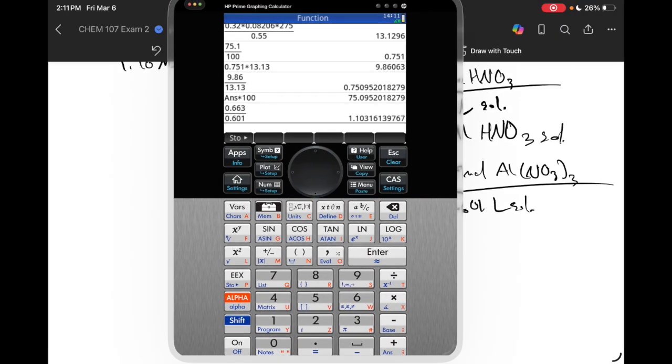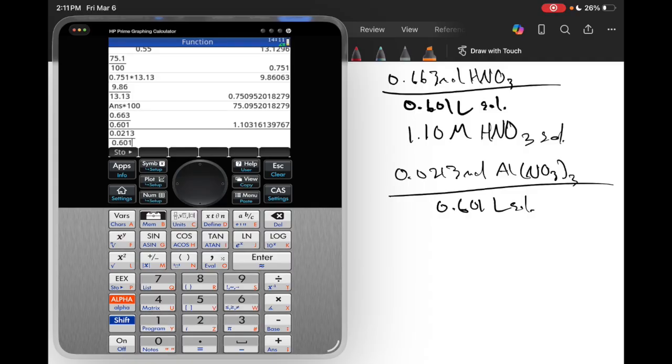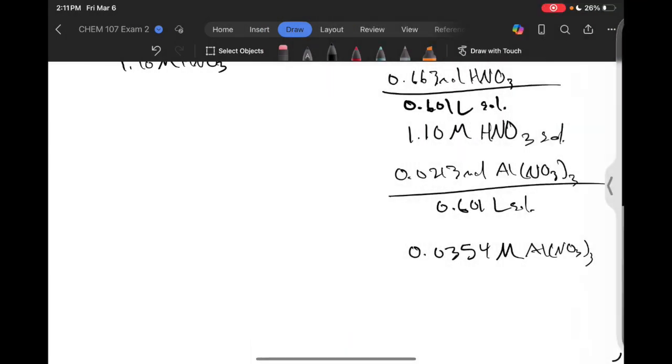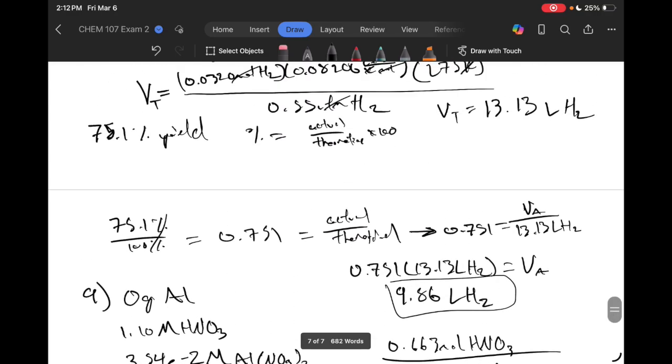So 0.0213 divided by 0.601 gives us a 0.0354 molar solution of AlNO3. Let's just express this in scientific notation: 3.54 times 10 to the negative 2 molar AlNO3. Now our gas.